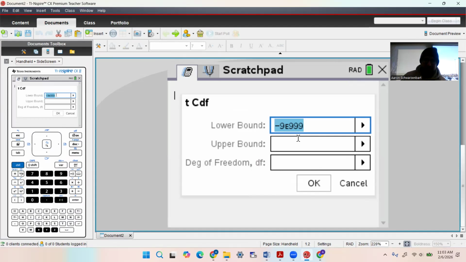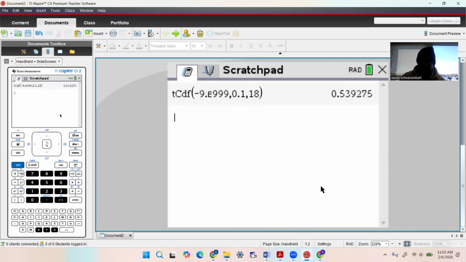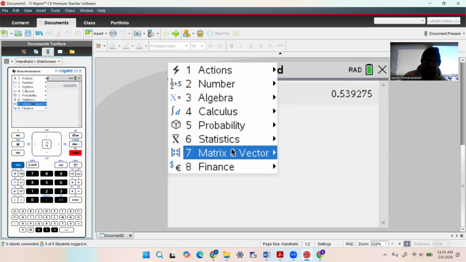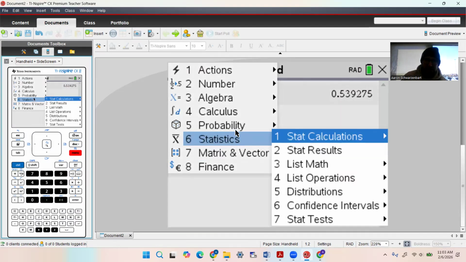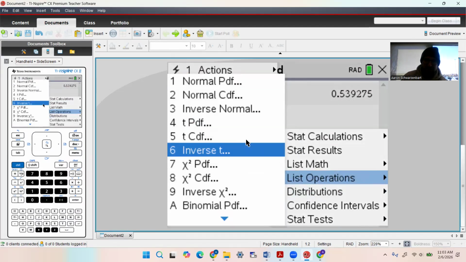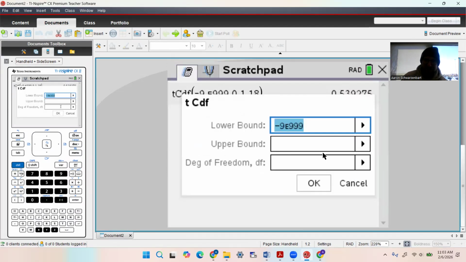So TCDF: your lower bound, your upper bound, degrees of freedom, 18. Maybe my upper bound's probably 0.9. Distributions is under probability.